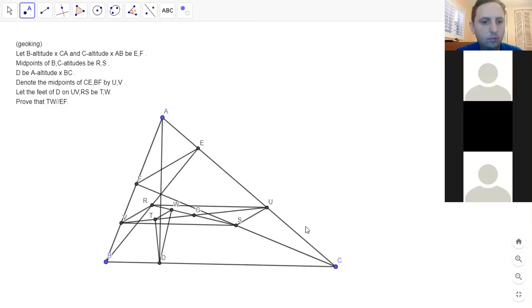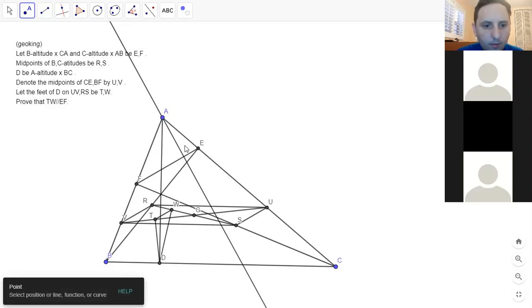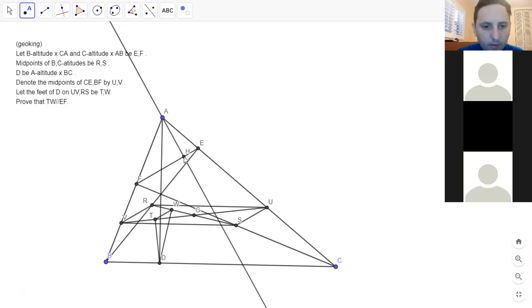Can you draw the altitude from A onto EF? I think the W passes through that point. Okay. And more, yeah, you label it. Can you label that point? This point? Yeah, yeah. I think W is the midpoint of HD.